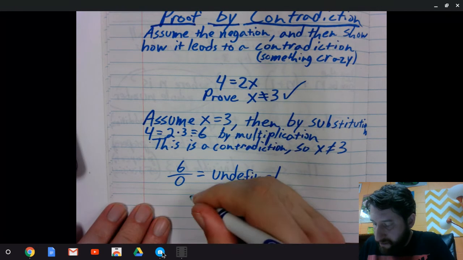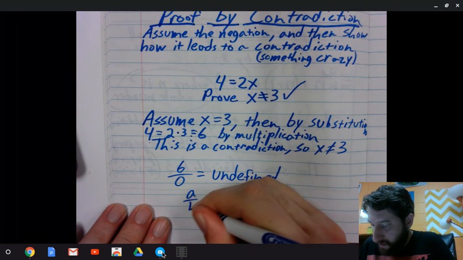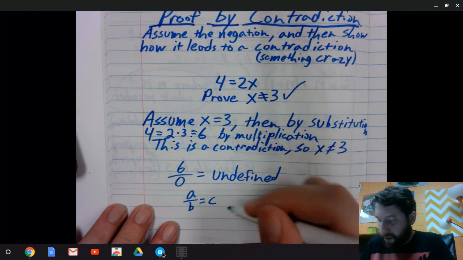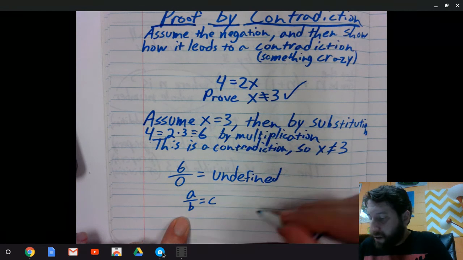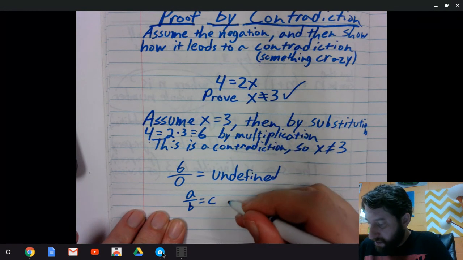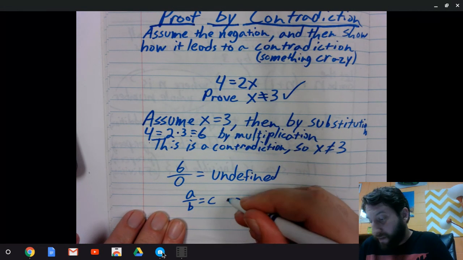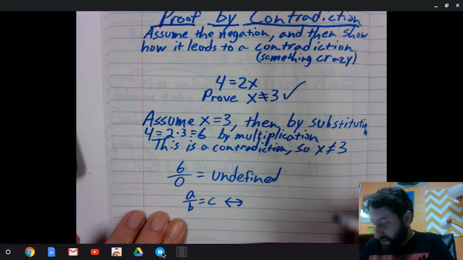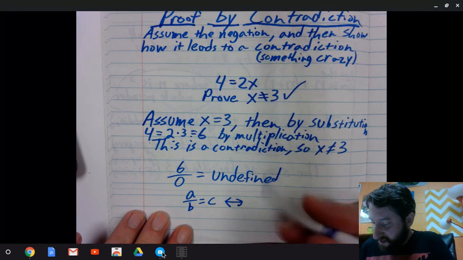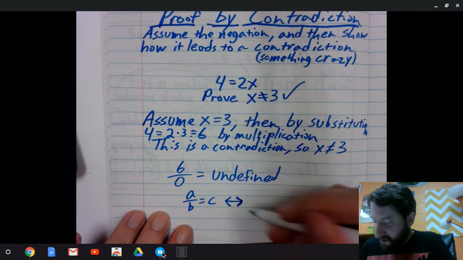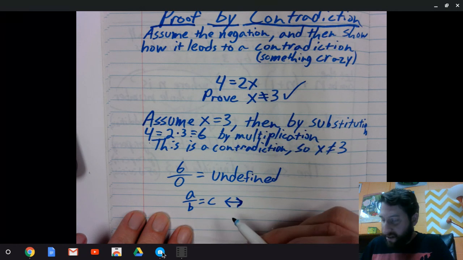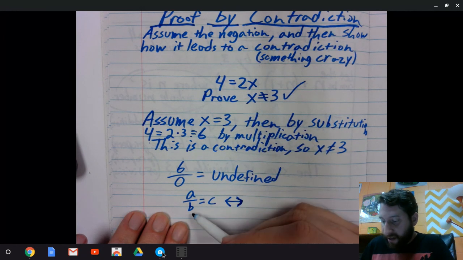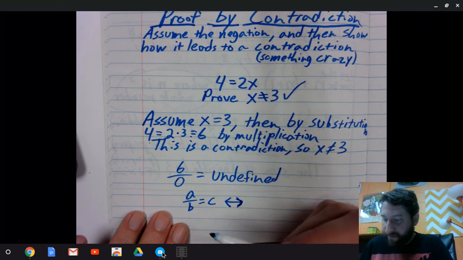If I say A over B equals C, well, that implies, actually, I can do if and only if by the rules of algebra and arithmetic. So A over B equals C if and only if, okay, I could multiply both sides by B and cancel out.